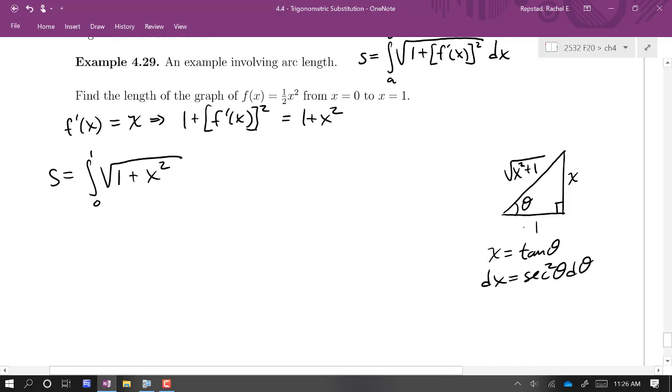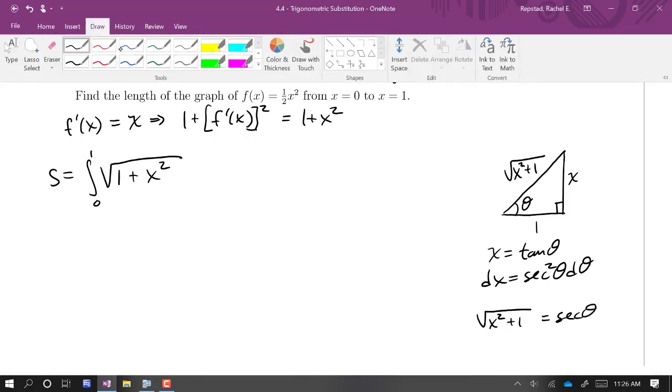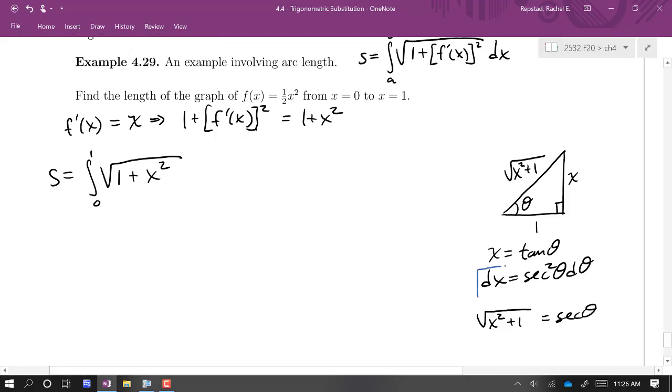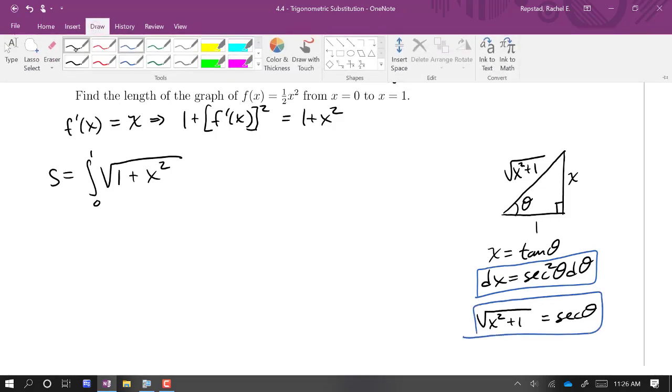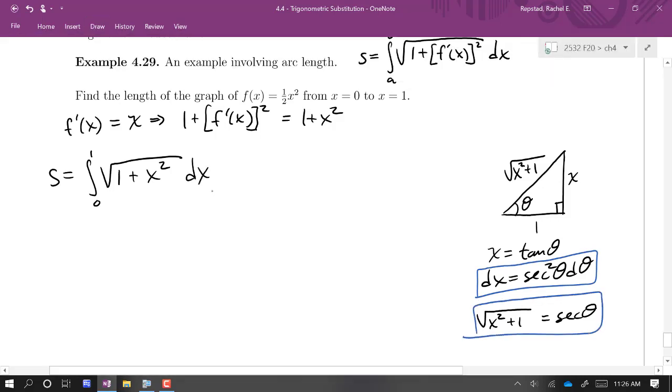We also know that cosine theta is 1 over the radical, so the radical itself is secant theta. So this is what we need for our substitutions. And here I neglected to write dx on this original integral.